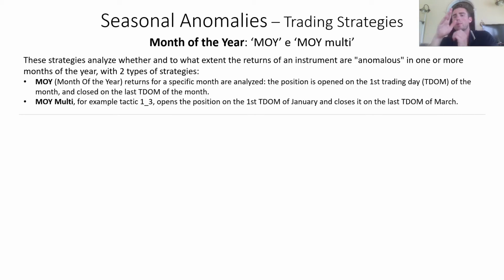The position is opened on the first trading day of the month and closed on the last trading day of the month. Instead, the MOY multi-month, for example, if it has a tactic 1-3, opens the position on the first trading day of January and closes it on the last trading day of March.